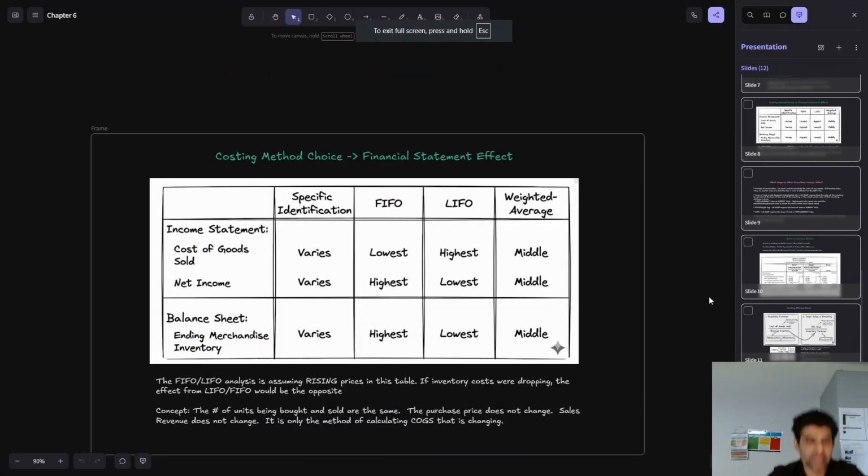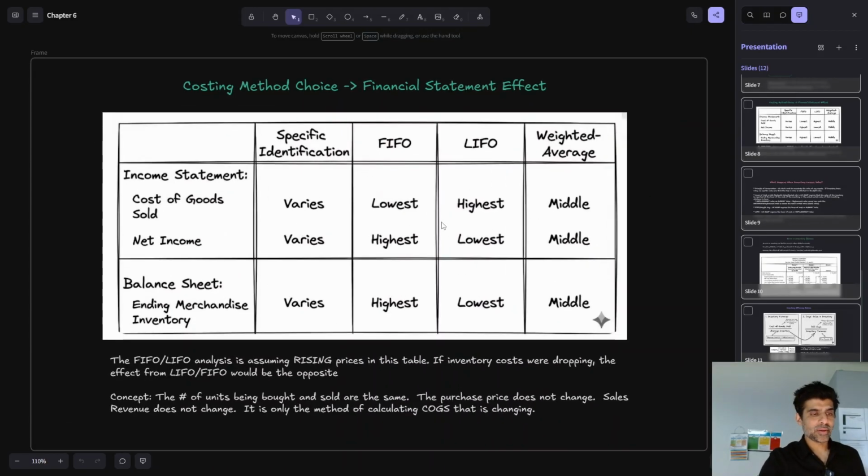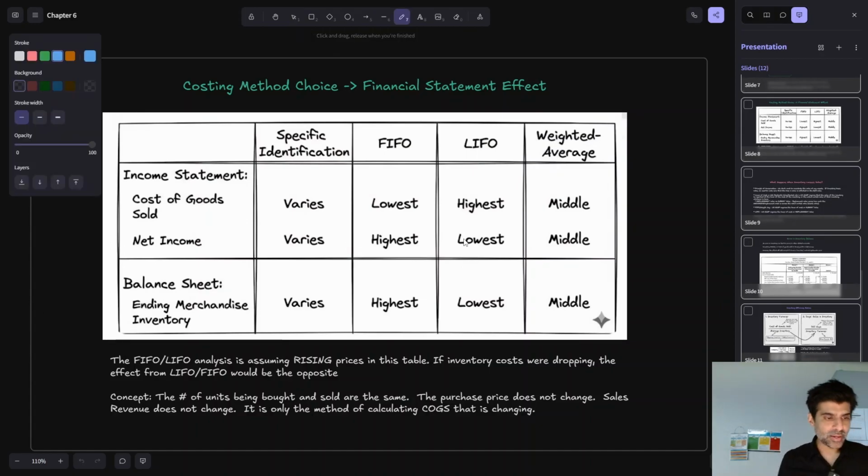Well, we kind of just saw this, but just to restate, between these methods, we saw that there's a split between inventory and cost of goods sold. Okay, so we assumed that if prices are rising, right?